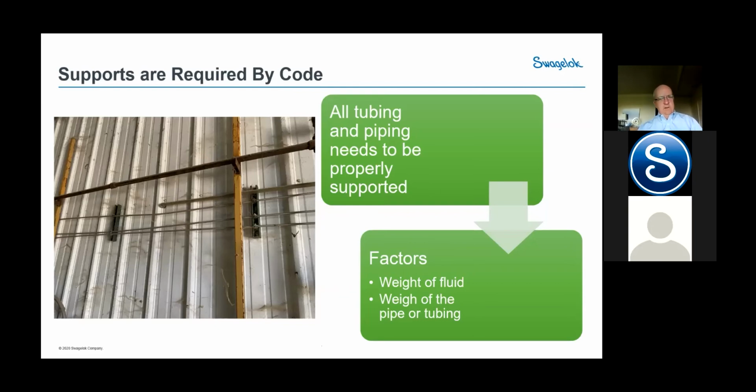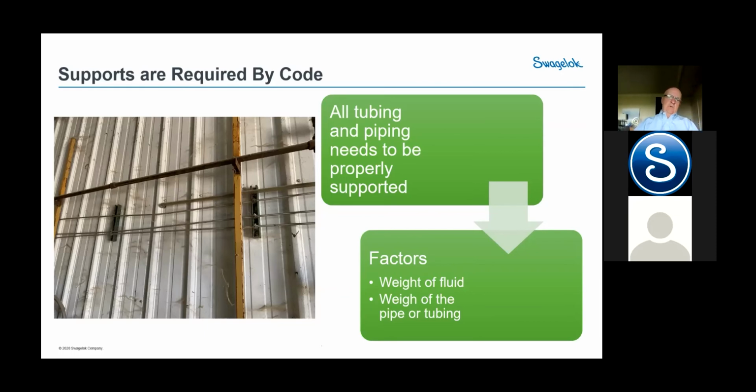In our design, depending on the length of the tubing and the temperatures, we design in the expansion and contraction. So we do support the pipe or the tubing, and we guide the tubing, but we do not anchor the tubing. So the tubing is not fixed or anchored.